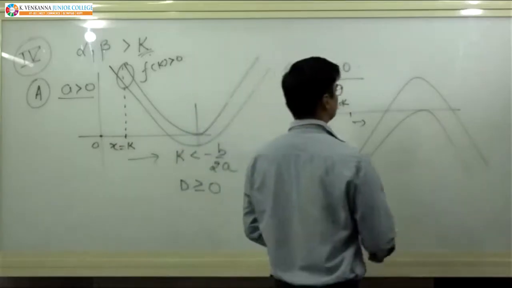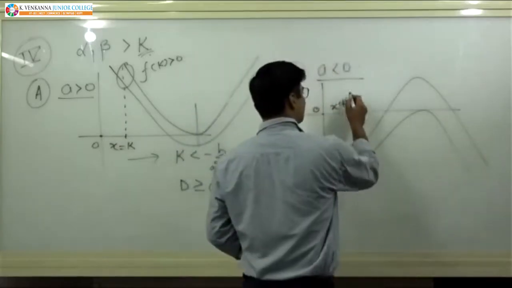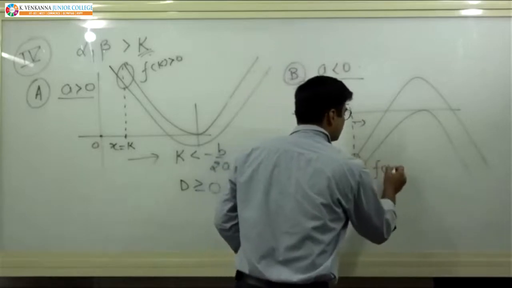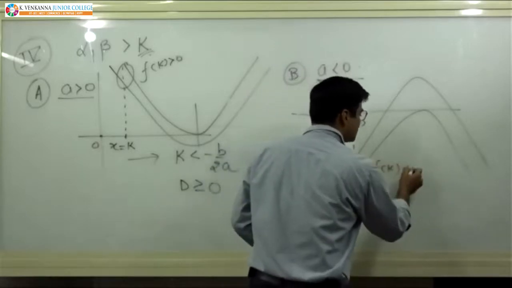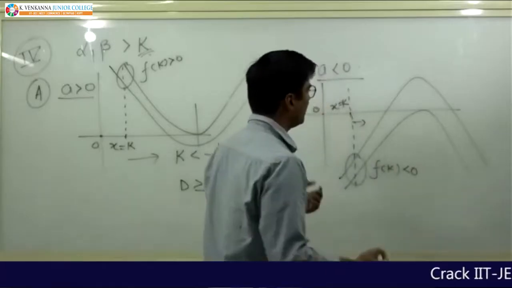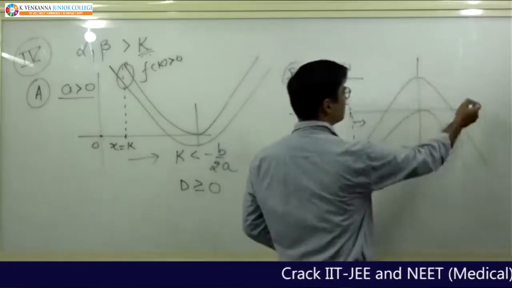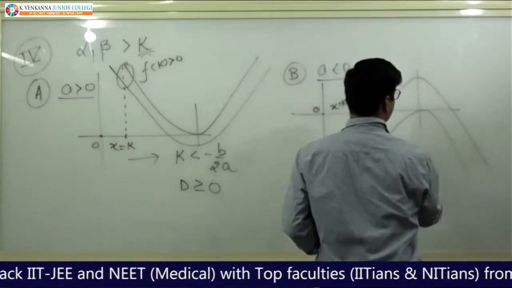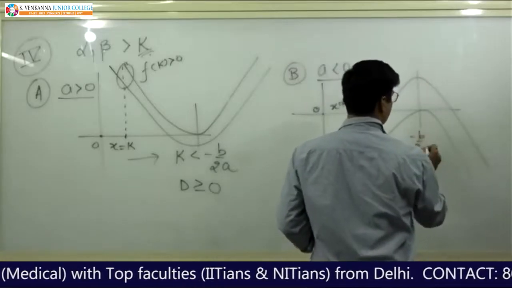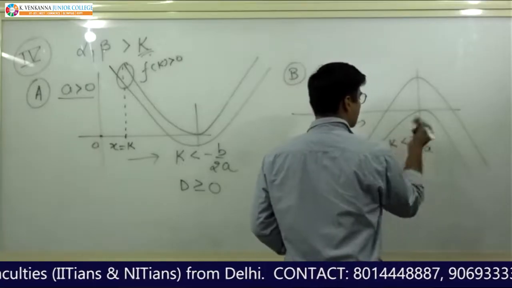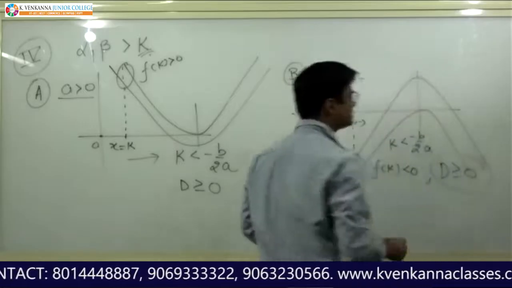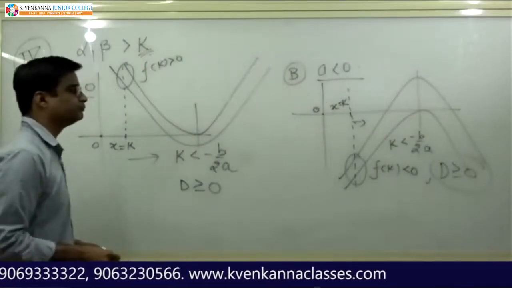So again, this is your f of k, and f of k is lesser than 0, and this turning point is coming on the right hand side of k, so minus b by 2a is greater than k, and of course our roots are real, so discriminant is greater than equal to 0.